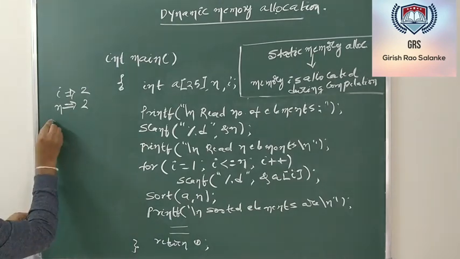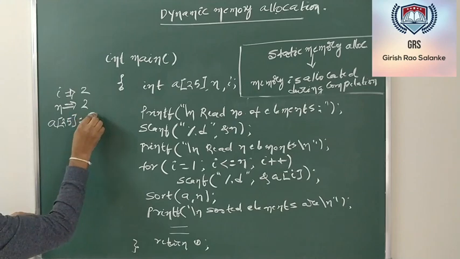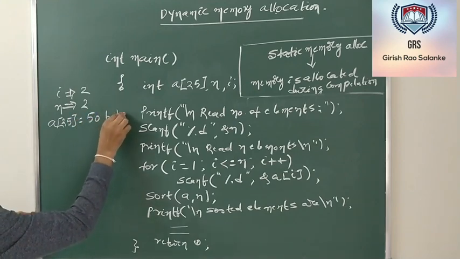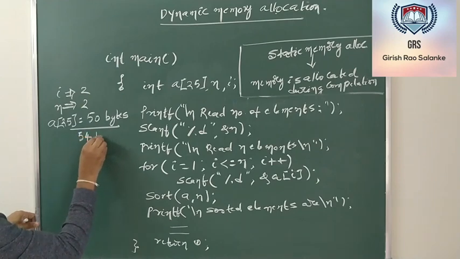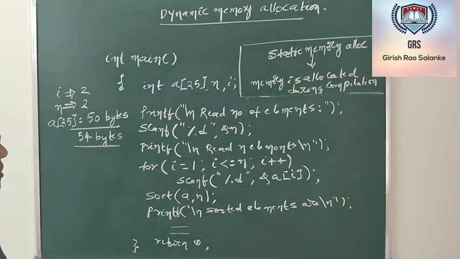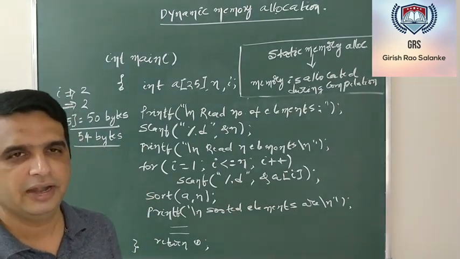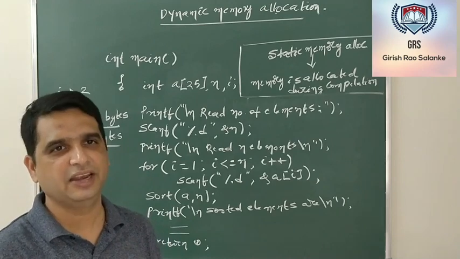For array A of size 25, it takes 50 bytes. So totally, these three variables consume 54 bytes of memory from the stack region.